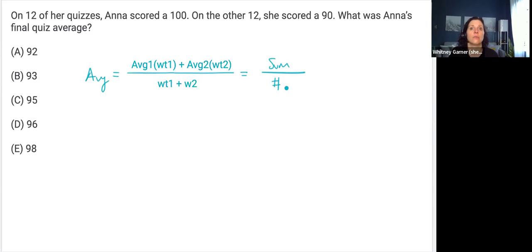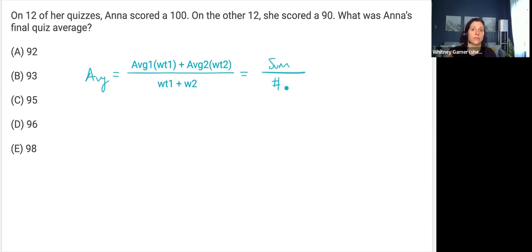Now, when we're dealing with averages where they give me a whole list of numbers, say they had told me individually a bunch of her tests, she scored a 92, a 91, a 90, a 94, another 94, we're not necessarily going to use what we would call a weighted average formula. We would just add up all those numbers and divide by the total number of tests.